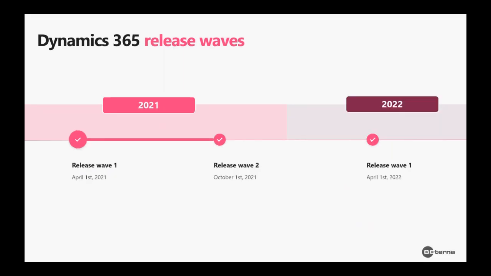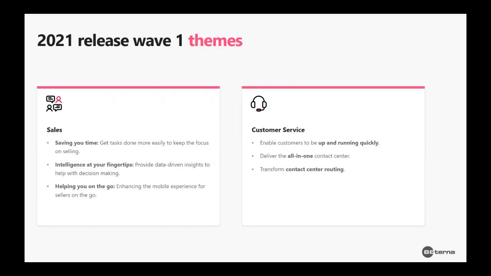Here we go. For each release, Microsoft tries to explain what the vision for this wave was, what they were trying to improve, and what the focus points were for this batch of updates. In Dynamics 365 Sales, this year Microsoft is saying that they were focused on saving your time, to make everything quicker, smoother, and better for salespeople.